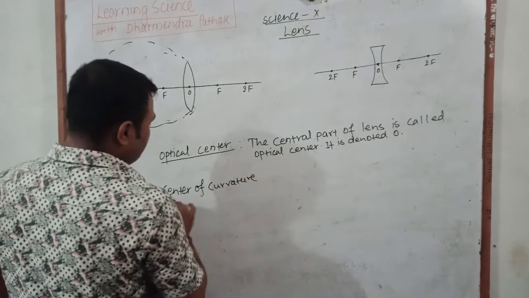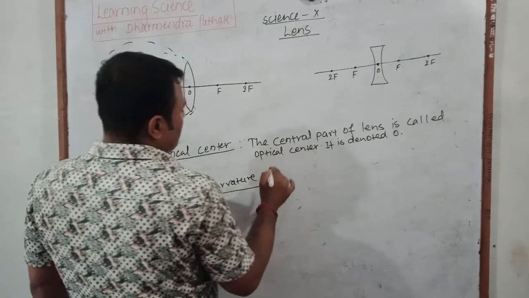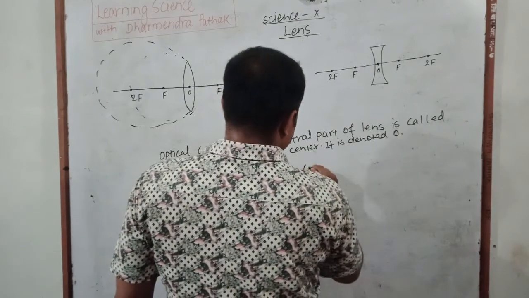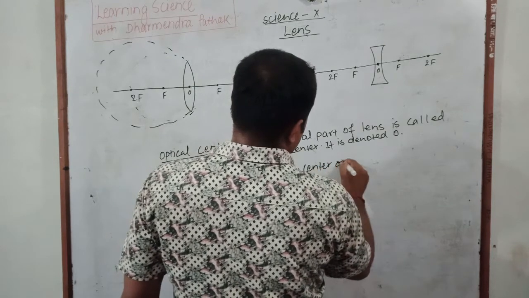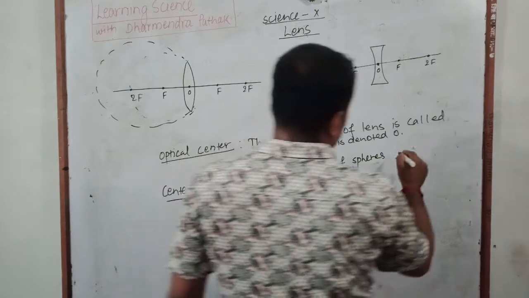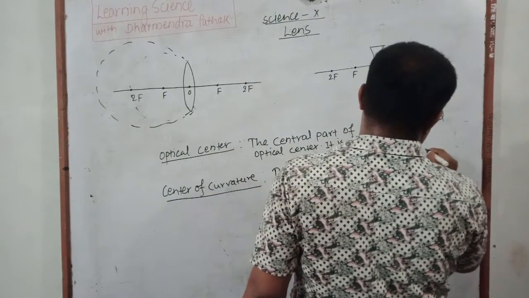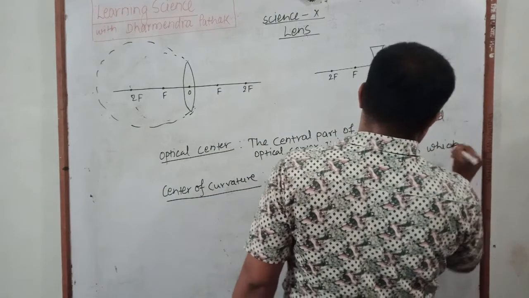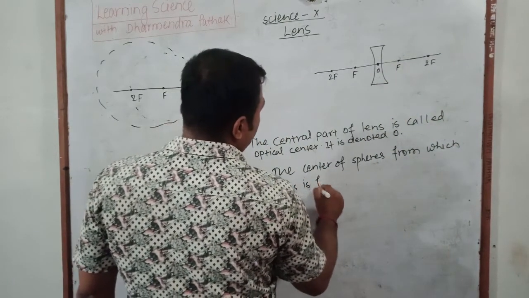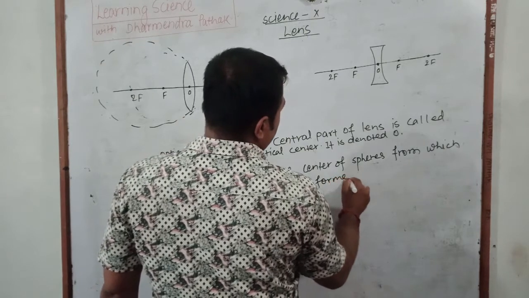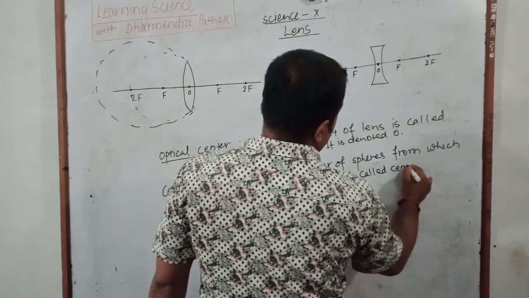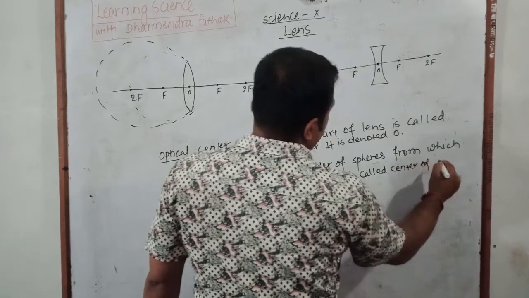We define it as: the center of the spheres from which a lens is formed is called center of curvature.